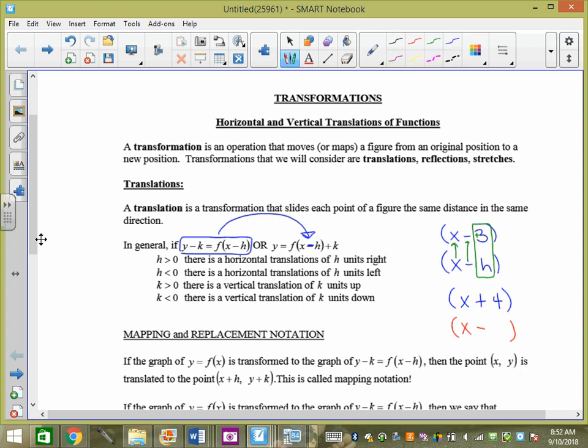What would I have to make this something be in order to get positive 4? What times what gets me positive 4? Negative 4. A negative times a negative is a positive. So that's why you're going 4 to the left, not 4 to the right, because your formula has x minus, no matter what. It's just that because I had a minus, the minus turned to a plus. Does that make sense? That's why the h value is always the opposite direction, because of that minus sign.